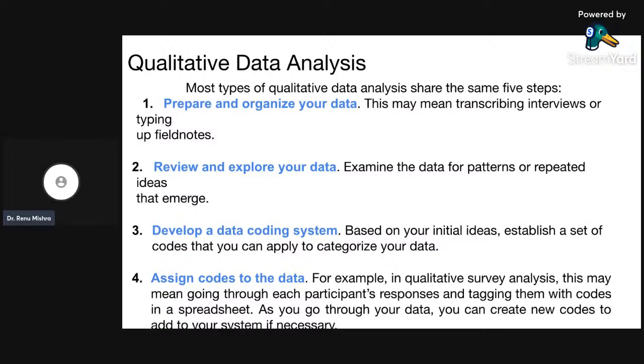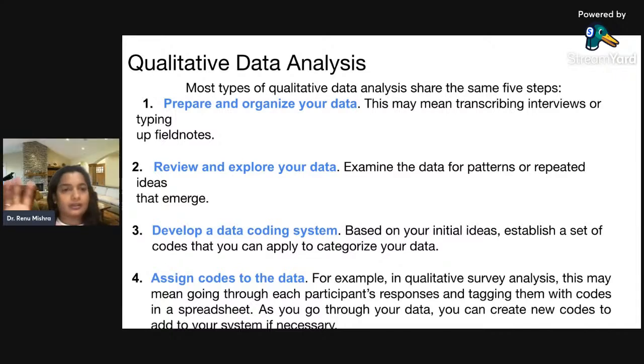Sorry, there is a glitch in my internet today. So avoid making it clumsy, organize it. For instance, if you have taken interviews, you organize the data by what exactly each respondent said, and you keep a note of each answer from each respondent.